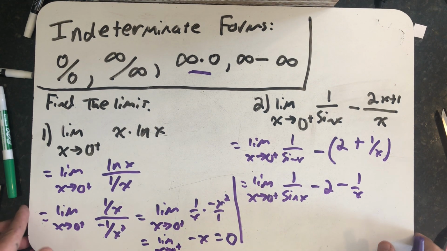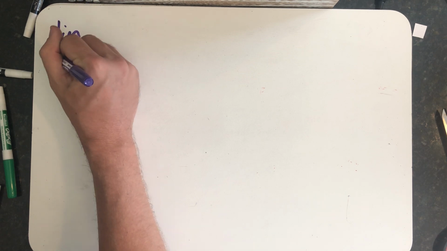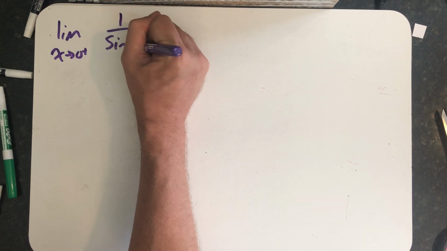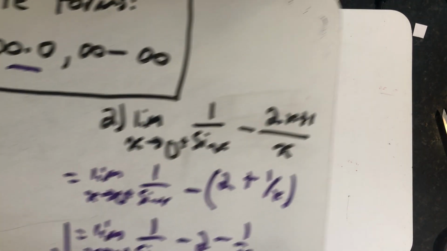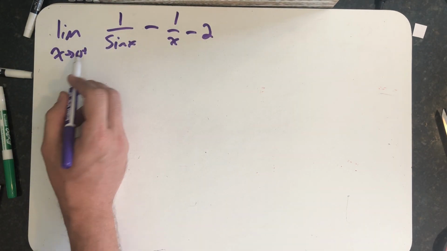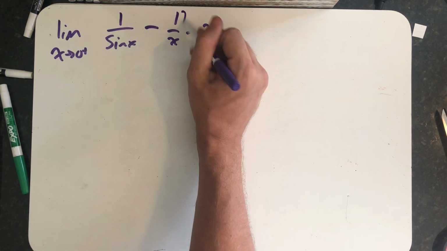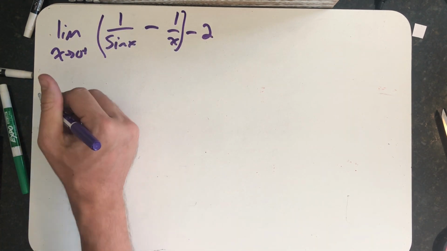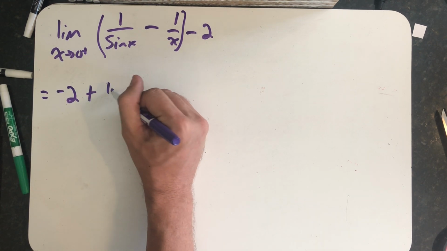I'm going to rewrite this on a second board. The limit as x approaches 0 from the right-hand side of 1 over sine x minus 1 over x minus 2. I swapped the order of some terms here because I'm taking a limit as x approaches 0 from the right-hand side, and I'm worried about what this pair of things is doing, but as x approaches 0 from the right-hand side, the limit of minus 2 is minus 2. So I'm going to go on and evaluate that part and just let it sit out front.